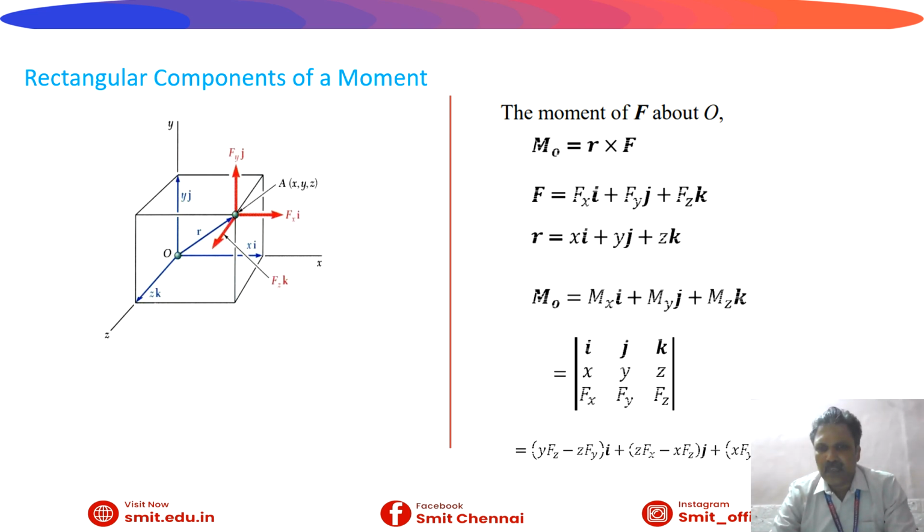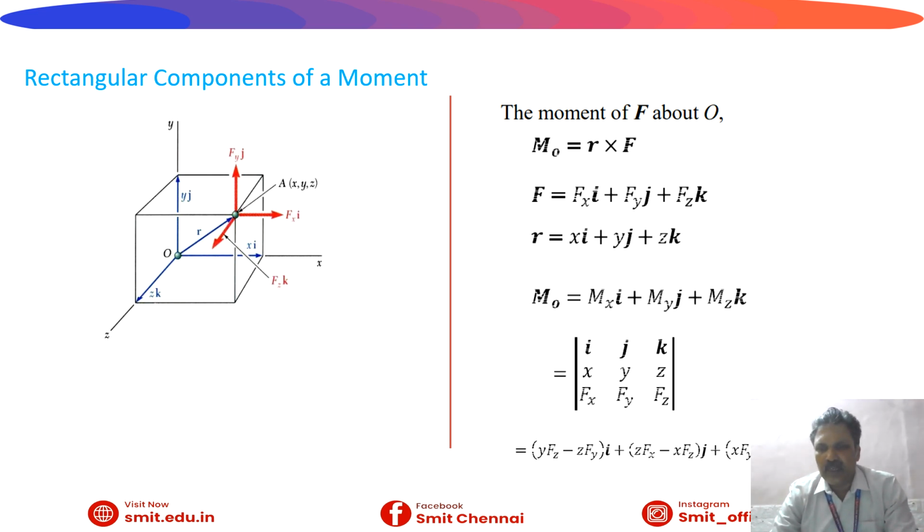R equal to x i plus y j plus z k. MO equal to Mx i plus My j plus Mz k. In matrix form we can write it like this: i j k, x y z, Fx Fy Fz.